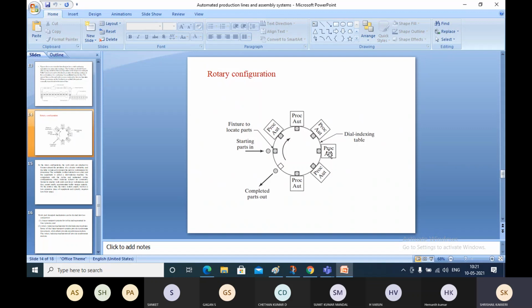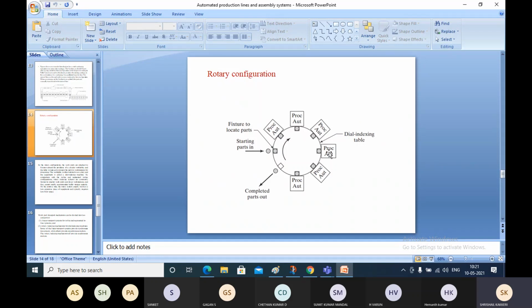So the work table will be idle for 2 minutes. Whichever workstation consumes the maximum amount of time will be taken as the reference for the indexing table rotation. That will be the idle time.